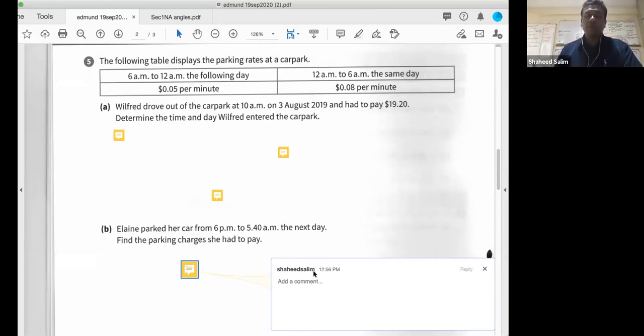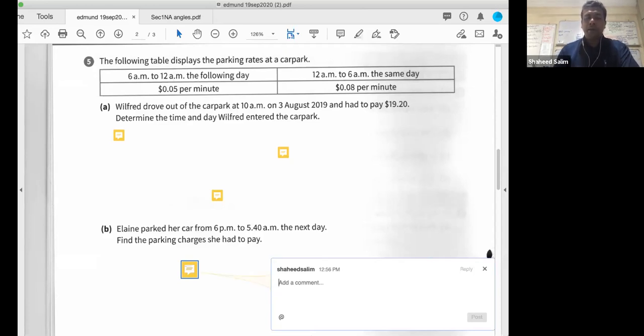So first of all, 6 p.m. starts from here. Down here, I've got 6 a.m., 7 a.m., 8, 9, 10, 11, 12, 1, 2, 3, 4, 5, 6 p.m. is here. So 6 p.m. to 12 a.m. is one rate.